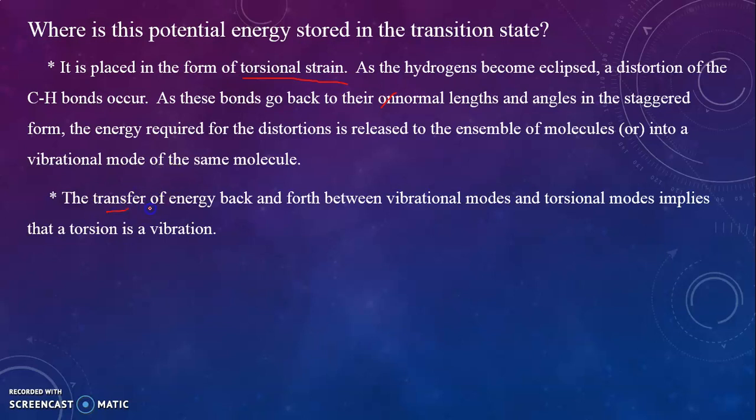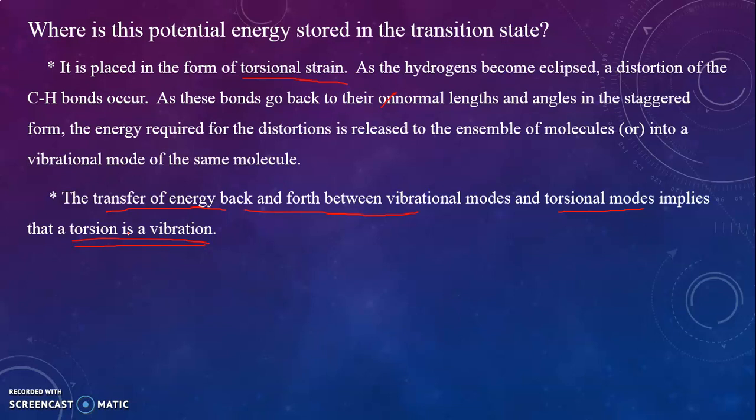So the transfer of energy back and forth between vibrational mode and torsional mode implies that the torsion is a vibration. Okay, so this is the point I would like to give here. Torsion is also considered as a vibration because transfer of energy occurs back and forth between the vibrational mode and the torsional mode.